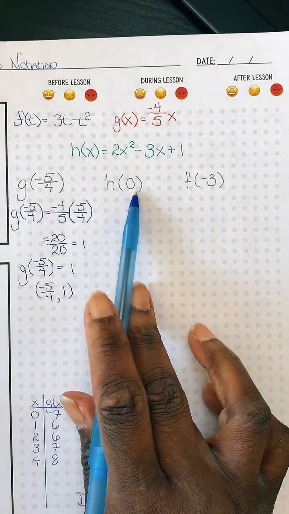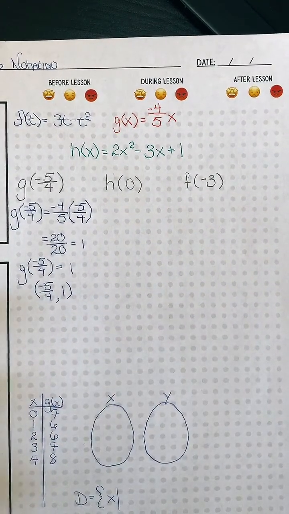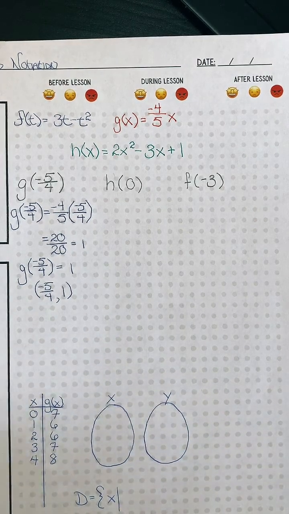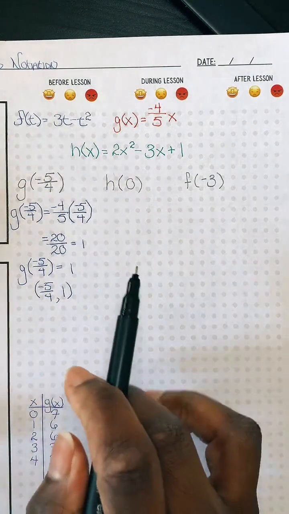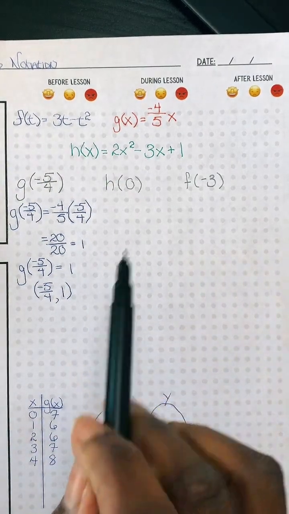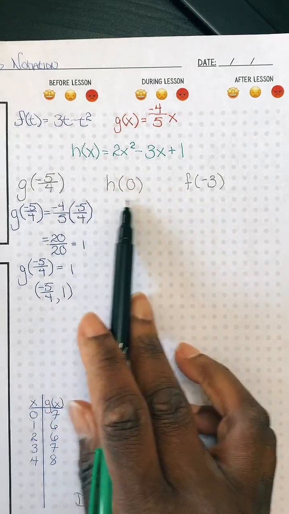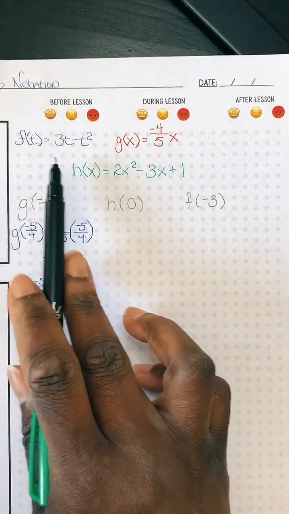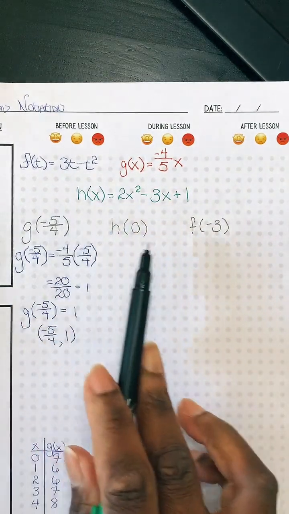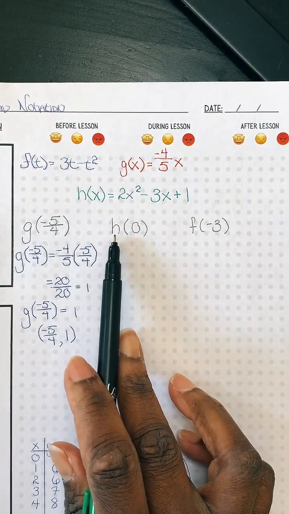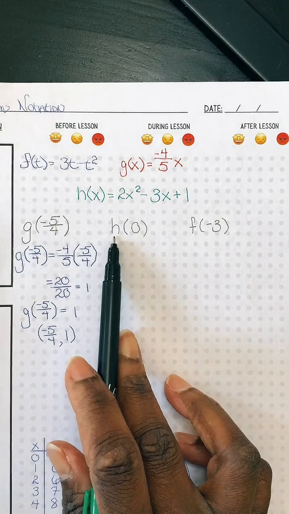Now, for h of 0, let's see if I can switch things. I think it would have been appropriate if I kept with the same color theme, but here we are. So now we have h of 0. We're not plugging this 0 into all three of the functions. We're only going to plug the 0 in for the unknown in the h function.